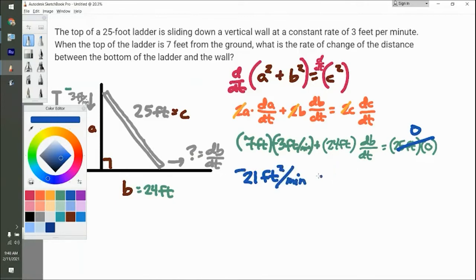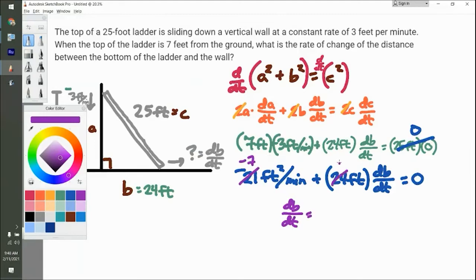That's a negative 21 plus 24 feet times dB over dt is equal to 0. All right, I'm going to add the 21 feet squared per minute to the other side and then divide by 24. I can divide both sides by 3 here really quick too. So negative 7 and 8.